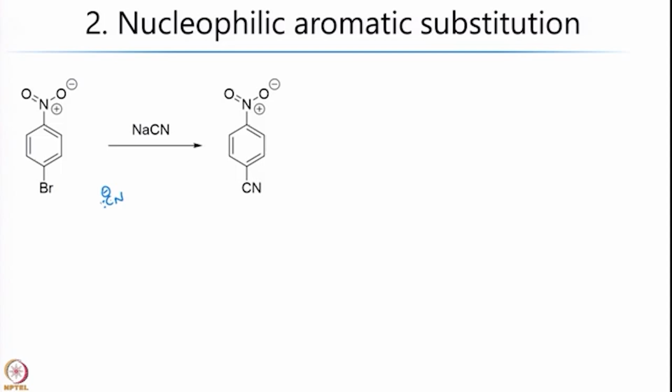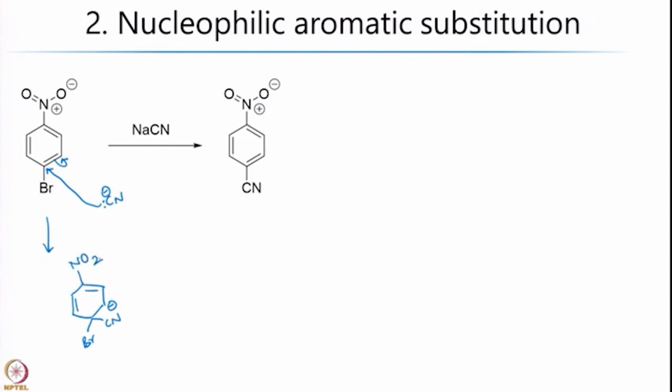So this, the CN minus is electron rich, so it would act as a nucleophile, and in this case what the reaction taking place is, it goes and attacks onto the carbon which bears the halide, and then this would get substituted to the next one, and as a result you would end up having the following intermediate. Right.